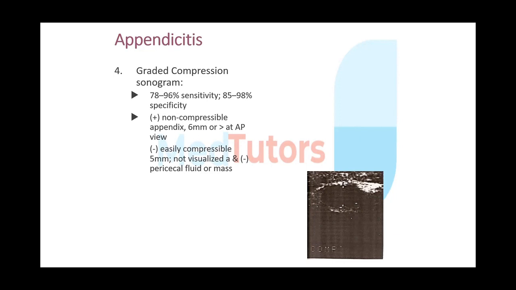The reason why this luminal diameter is more than this is because of the obstruction, there is going to be dilatation of the lumen.